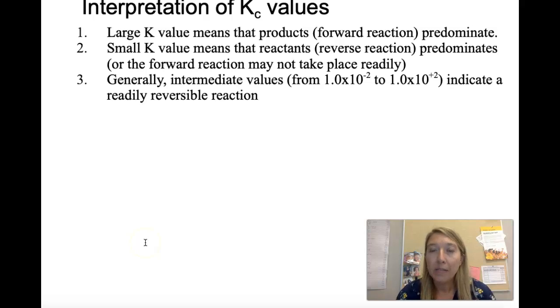So when you think about these Kc values, they do tell you something. When we actually plug some numbers in and get an answer for K, we kind of have three options.